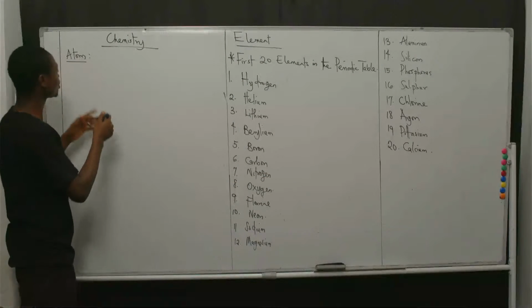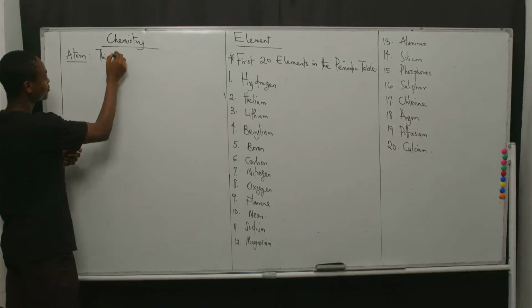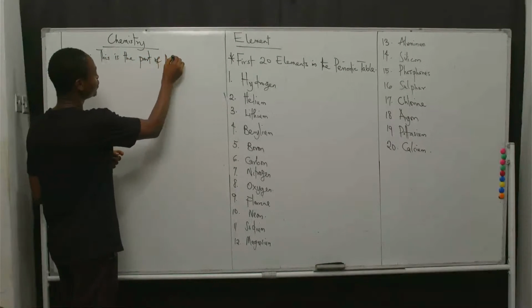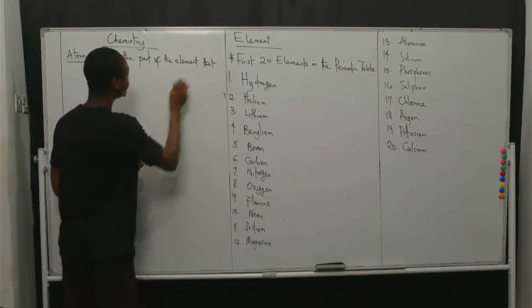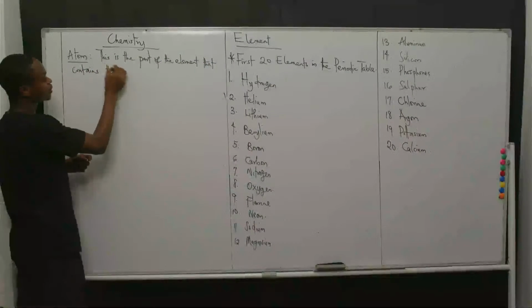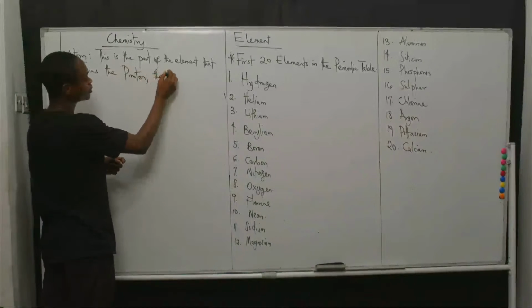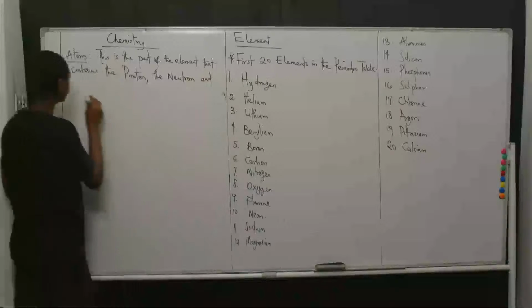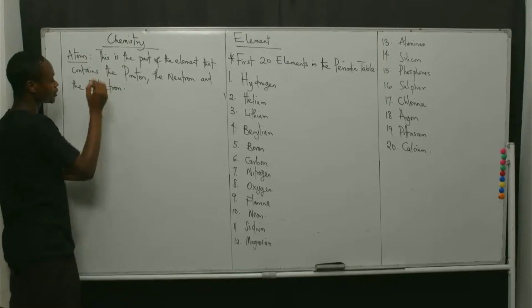So instead of saying the atom is the smallest indivisible part, we'll say these are the parts of the element that contains the proton, the neutron, and the electron.